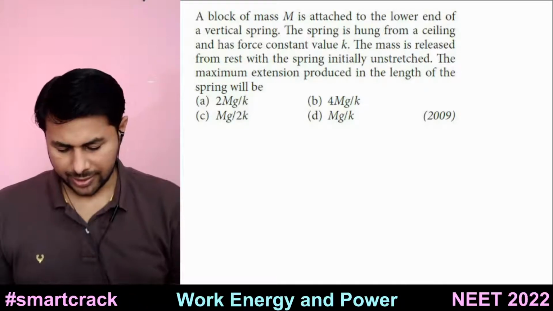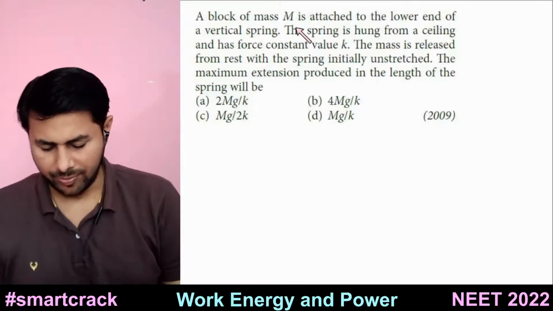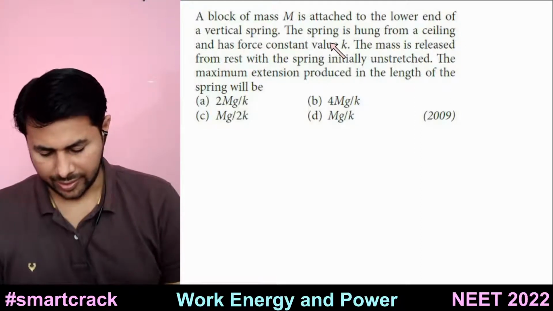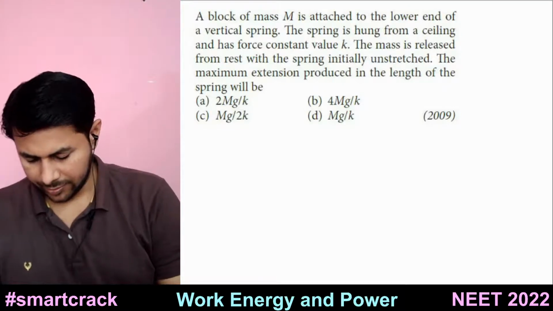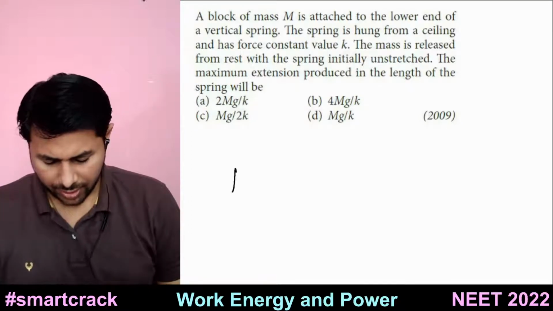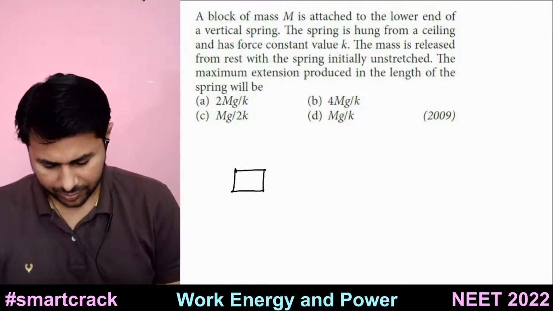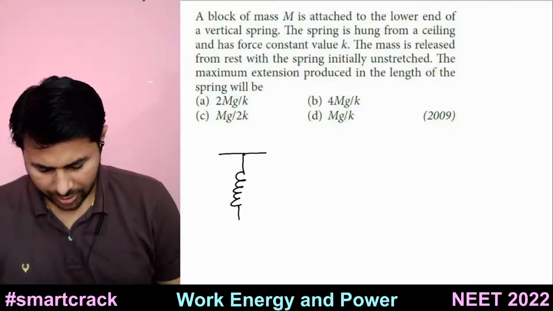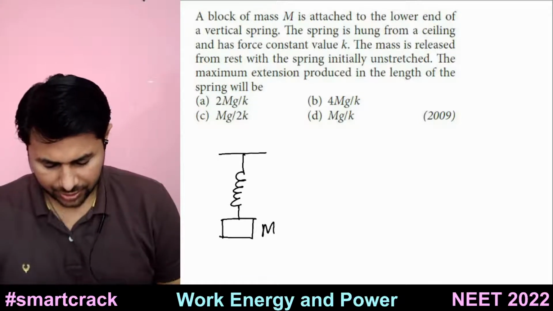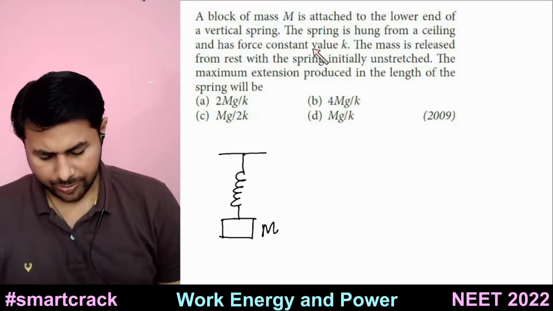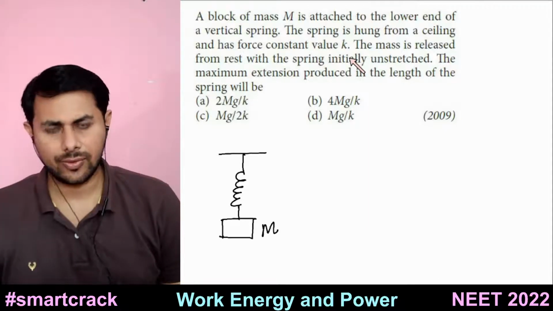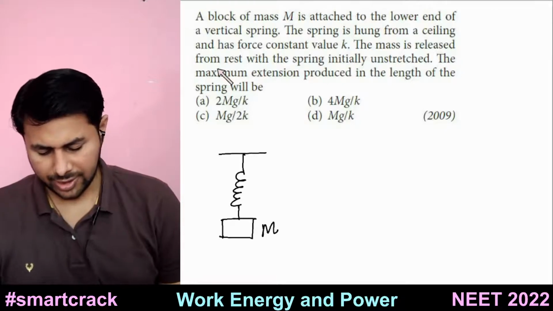So what's happening here? A block of mass m is attached to the lower end of a vertical spring. So we have a spring, and a block of mass m is attached over here. The spring is hung from the ceiling and has force constant equal to K. The mass is released from rest.